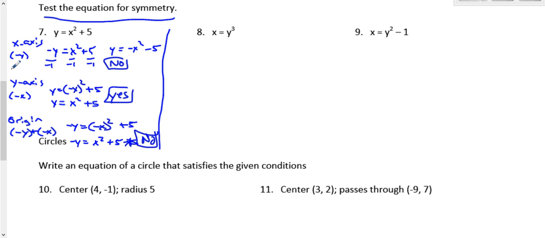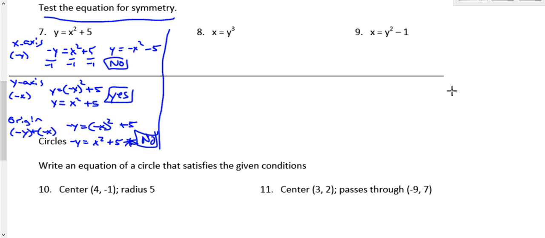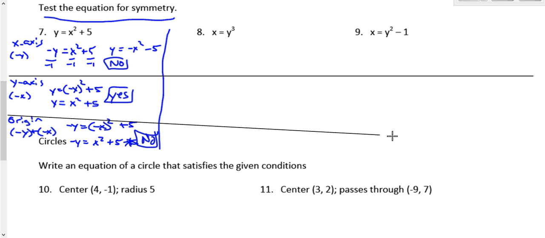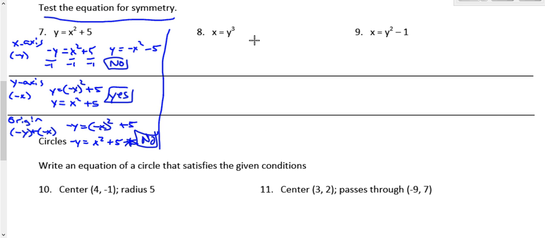Okay, so I'm going to draw some lines here just to give us a way to identify what we're working on. All right, so the x-axis, I'm going to plug in negative y. So I'm going to have x is equal to negative y in parentheses to the 3rd power.